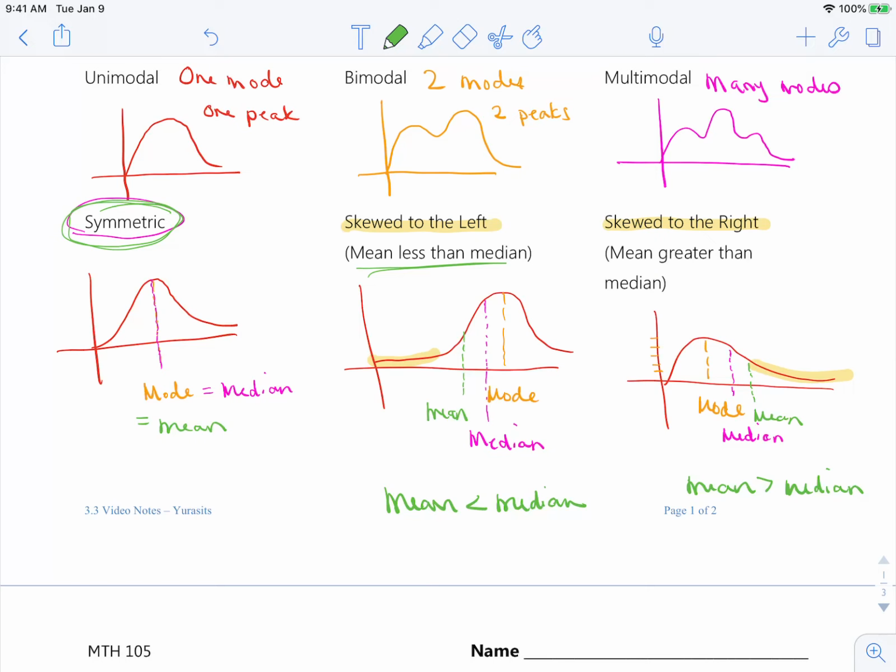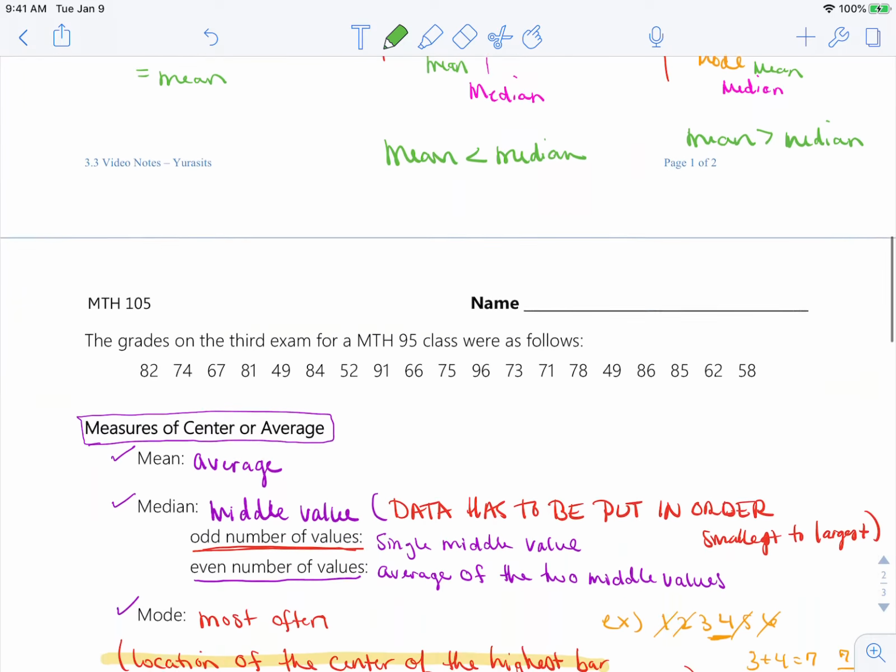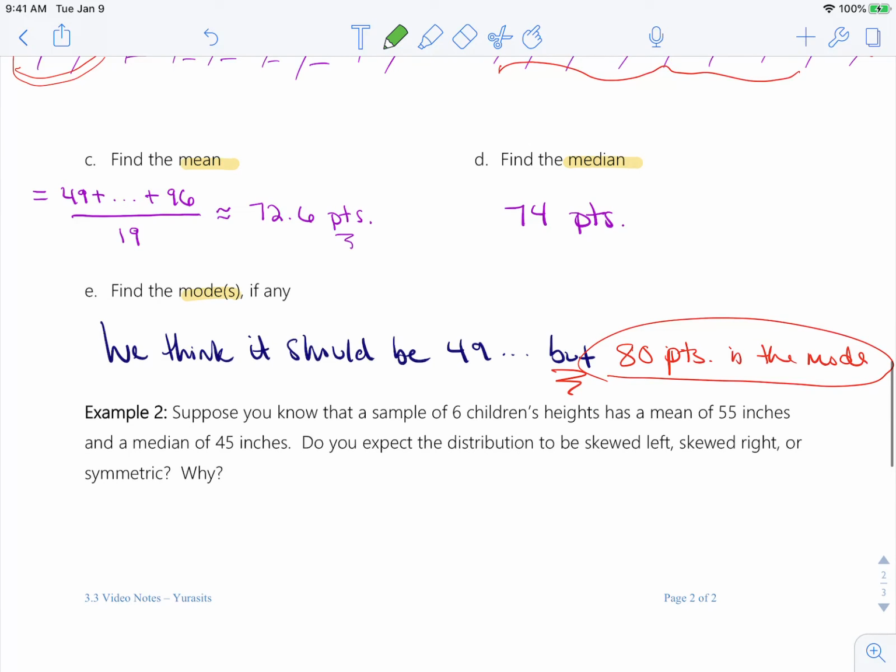So let's put this information into play. Let's see. I'm going to do our last example. Suppose you know that a sample of 6 children's heights has a mean of 55 inches and a median of 45 inches. Well, I know 55 inches is bigger than 45 inches, right?